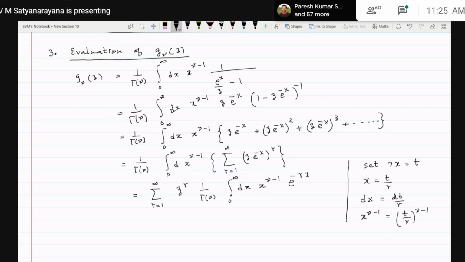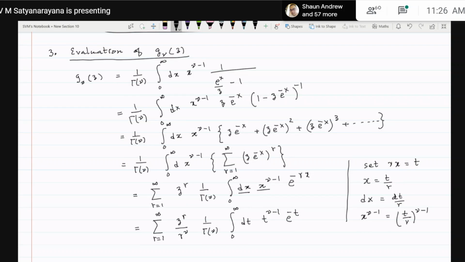If I use all this substitution here, I have sum r equal to 1 to infinity, z to the power r, and you see I have r to the power mu coming out, because r to the power mu minus 1 from this term and 1 by r from this term, so that will become r to the power mu, into 1 by gamma of mu, integral 0 to infinity, limits don't change. I have dt t to the mu minus 1 e to the minus t.